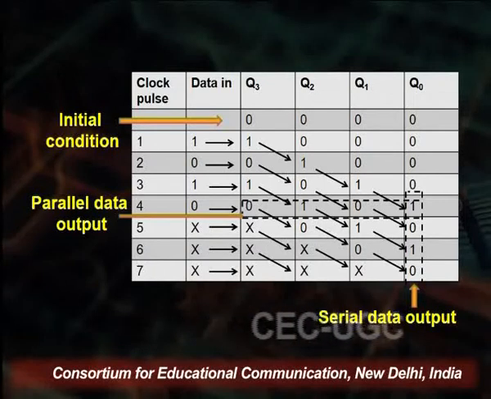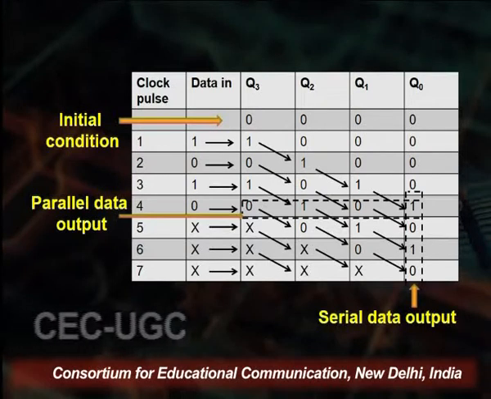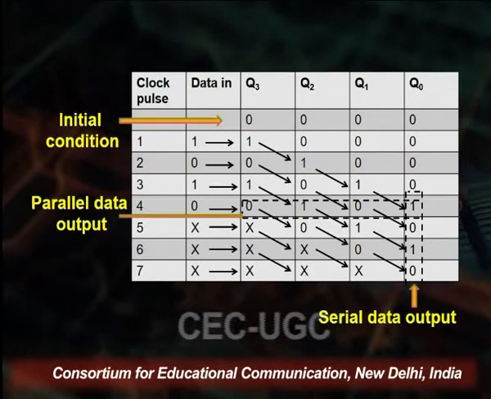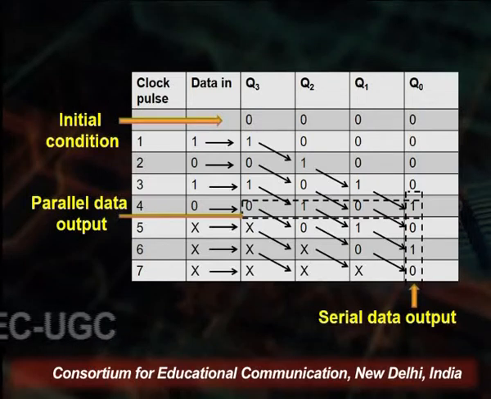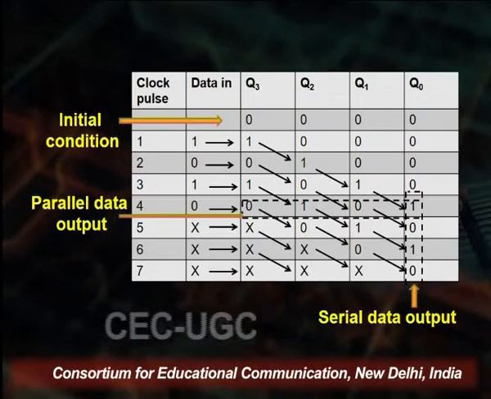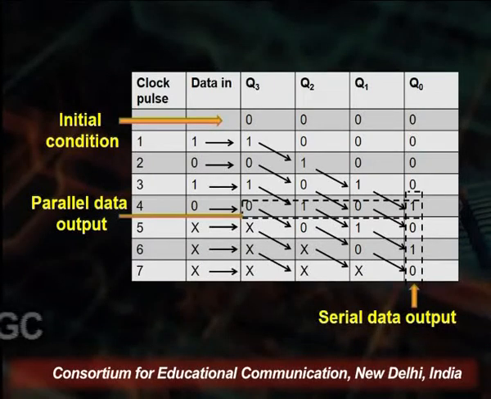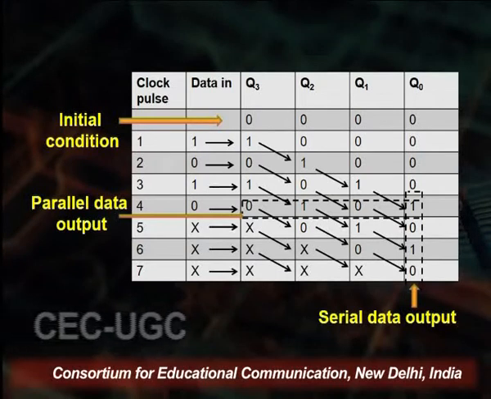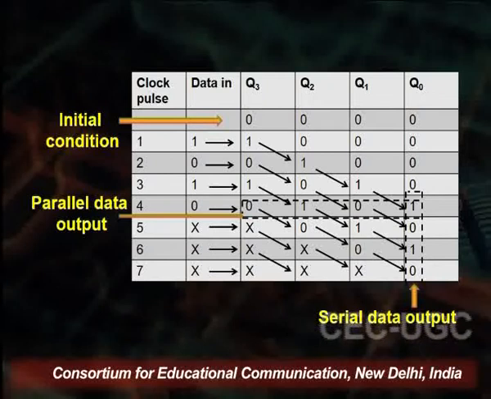At the third clock pulse, we would again have the data 1. Now, this 1 would appear at the output of flip-flop 1. The 0, which was available at the output of the first flip-flop, would come as the output of the second flip-flop, that is F2, and the output of F2, which was 1, has now moved to the output of the third flip-flop, that is F3, whereas the fourth flip-flop would still show 0.